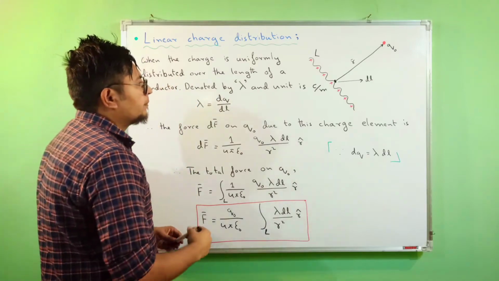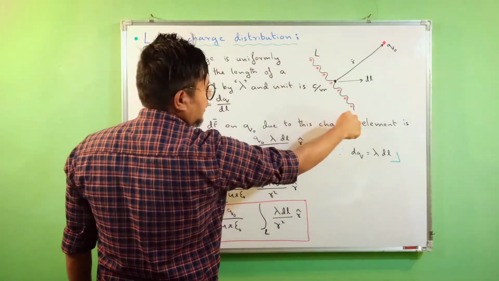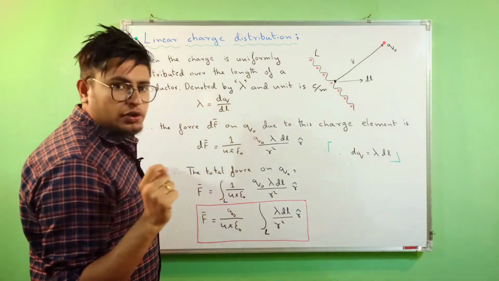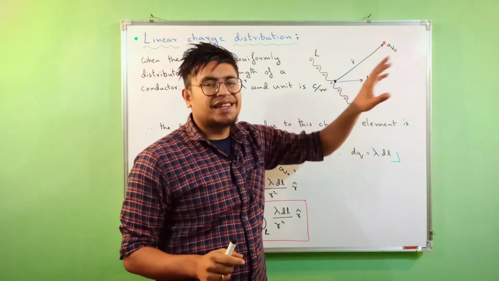Out here, this is a line where the charges are being distributed linearly, and I bring one particular test charge. This Q naught is a test charge.